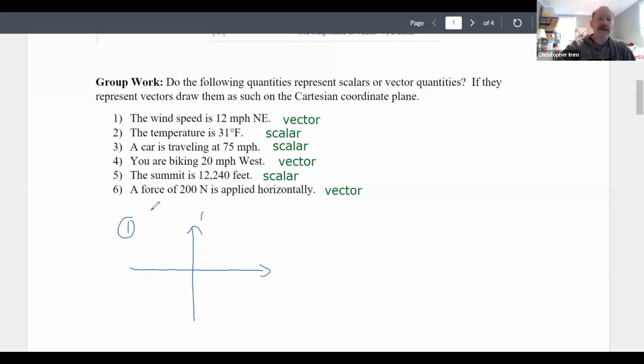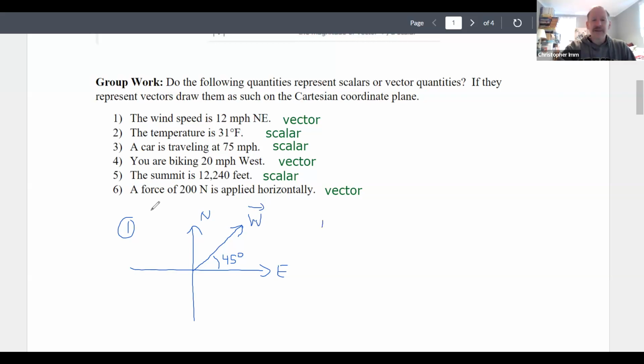So north would be straight up the y-axis, left is west, so east would be right. Here would be our vector quantity right here. So that would be at a 45-degree angle in standard position, and we would call that, since it's a wind speed, maybe W with a line over it. That's how we would represent our vector.